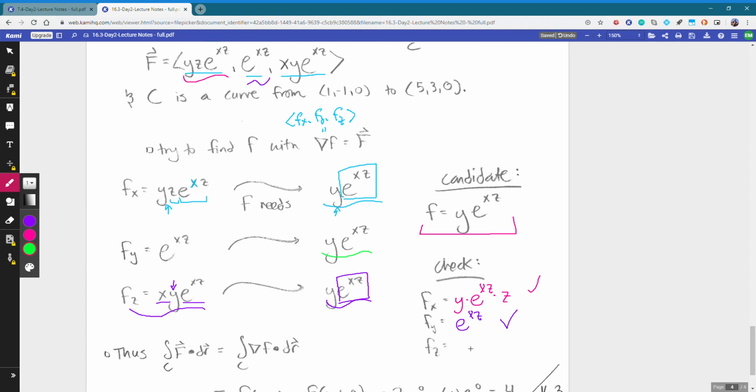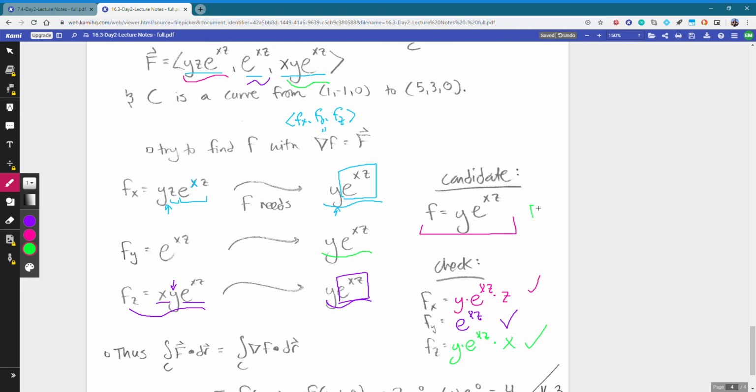And lastly, partial of f with respect to z, and the y hangs out as a constant multiple, then differentiating the exponential, we get the exponential times the derivative of xz with respect to z, which is x, and comparing that to our z component. That checks out as well.